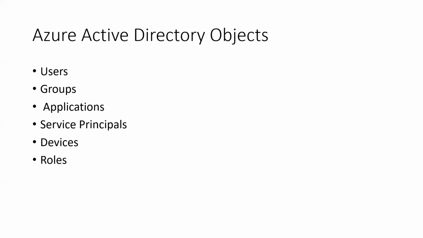Then there are devices, which are enrolled devices in your organization that are part of the directory. And then there are the roles, which let you group permissions and then attach them to users and groups. So that's kind of the basic object structure.